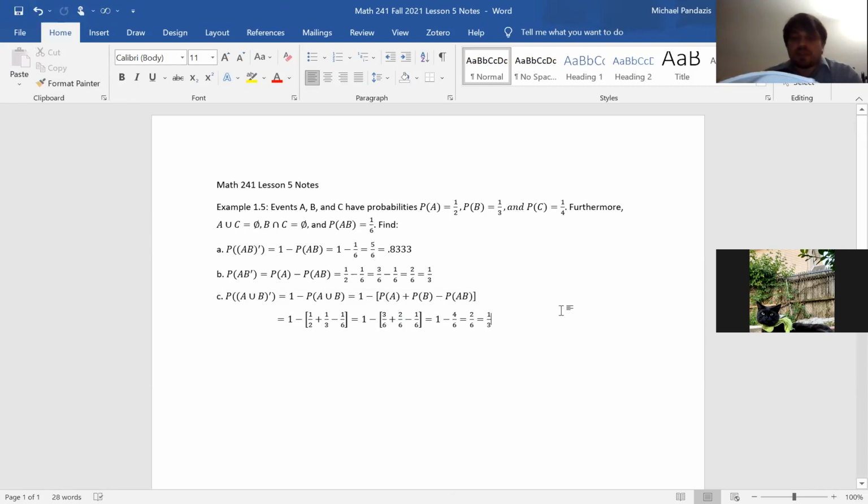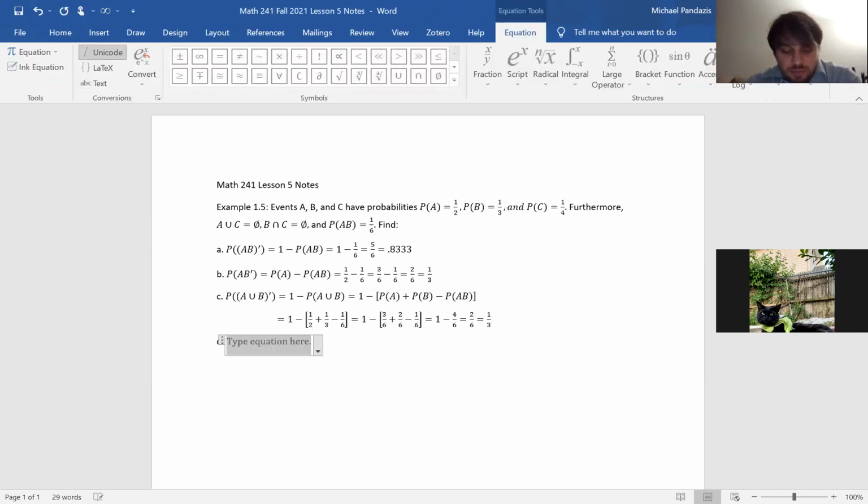Good. Okay, so we found those probabilities. So there's another one. D, we find the probability of A prime intersection B prime. A prime intersection B prime is the same as the set A union B prime.